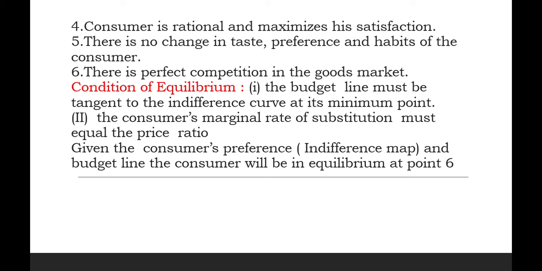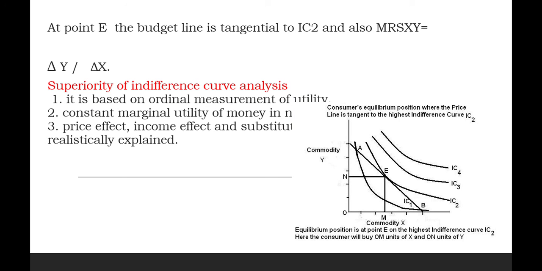Given the consumer preferences and budget line, the consumer will be in equilibrium at point E. I'm showing in the diagram that IC2 is the indifference curve, and also MRS xy is equal to delta y by delta x. That means he is purchasing OM of X good and ON of Y good, which gives him the same level of satisfaction at the IC2 indifference curve.